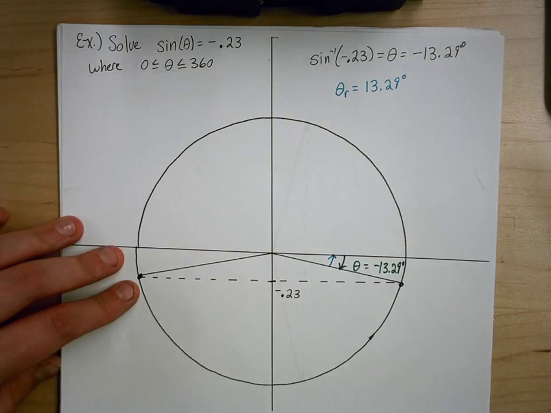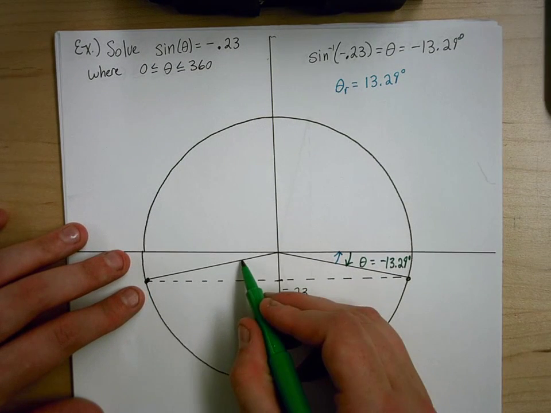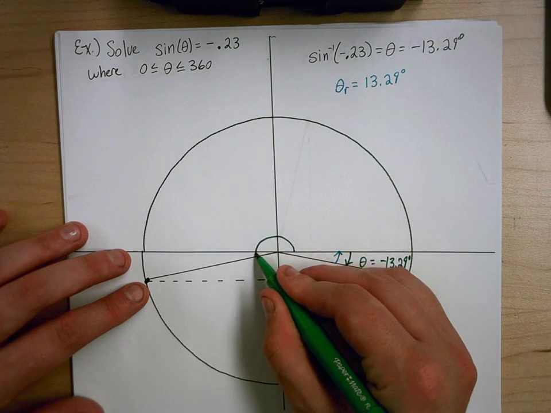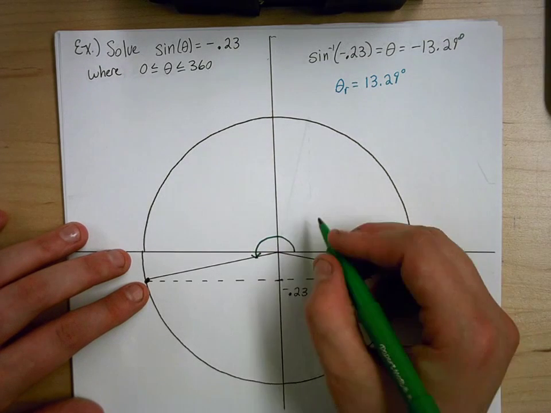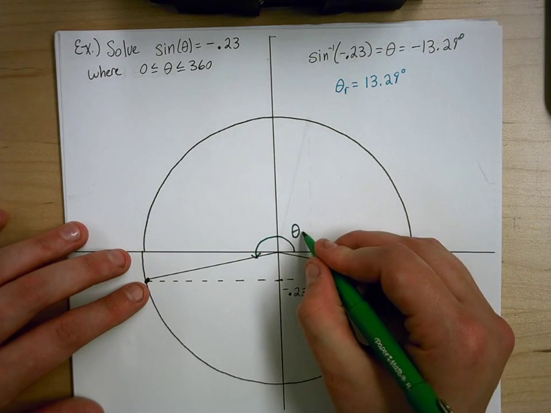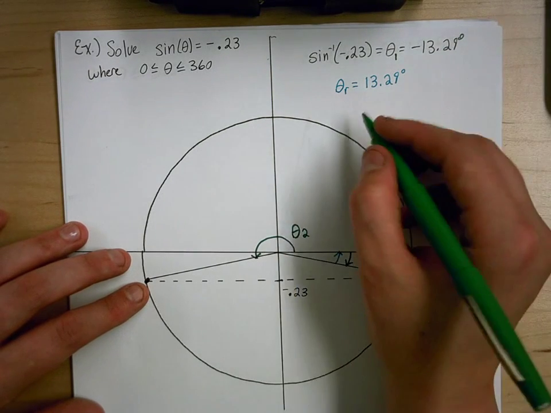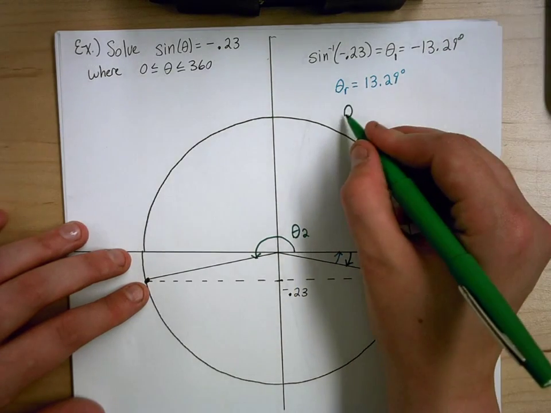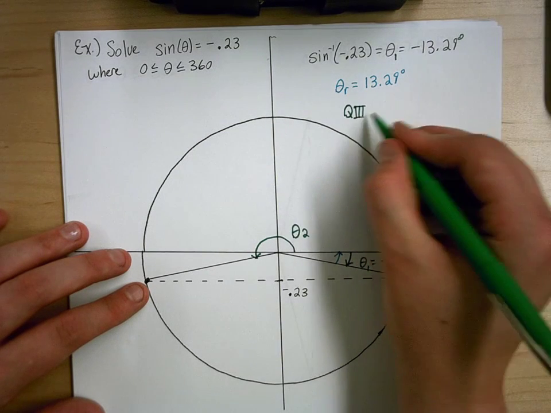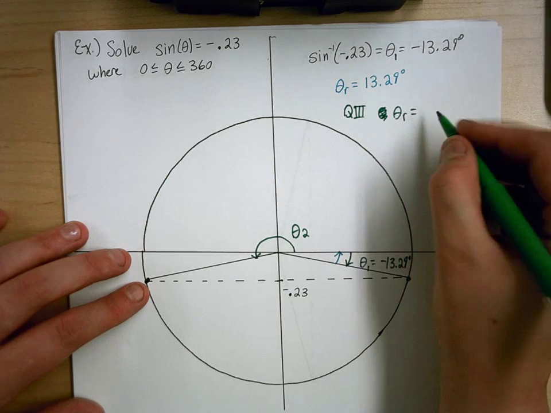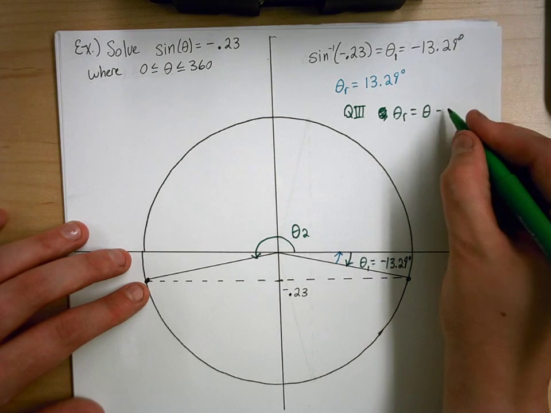Okay. Now, our other side terminates in quadrant 3. All right, so our other theta, call this theta 2, call this theta 1, terminates in quadrant 3. So our rule for quadrant 3 is that theta R equals theta minus 180.